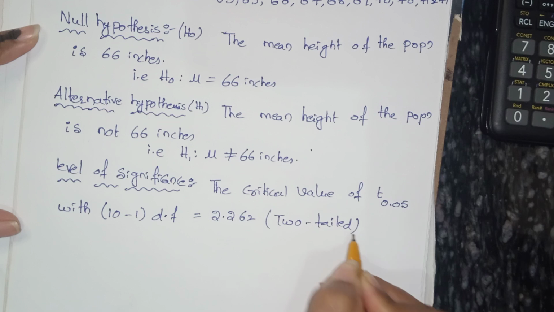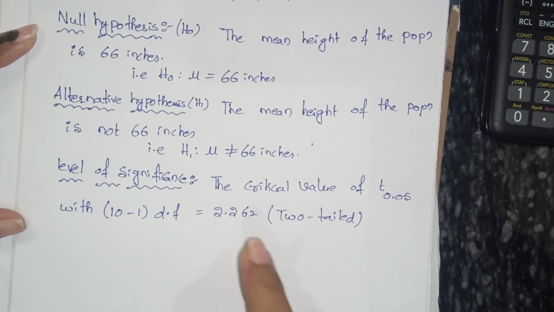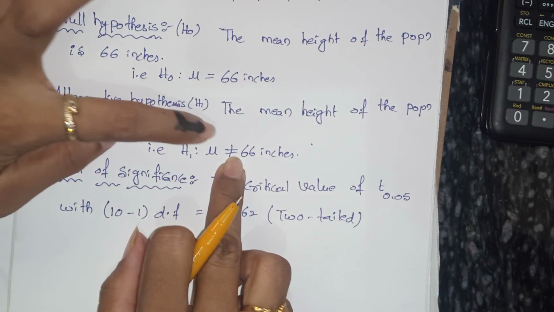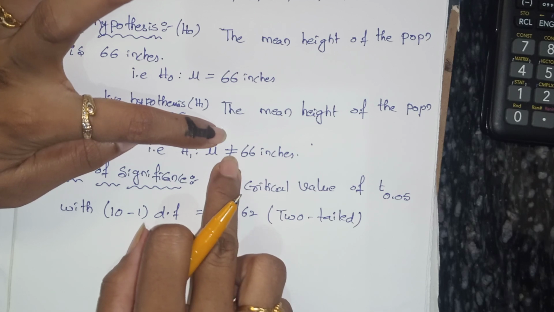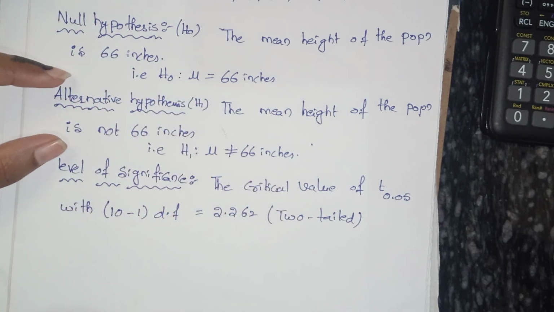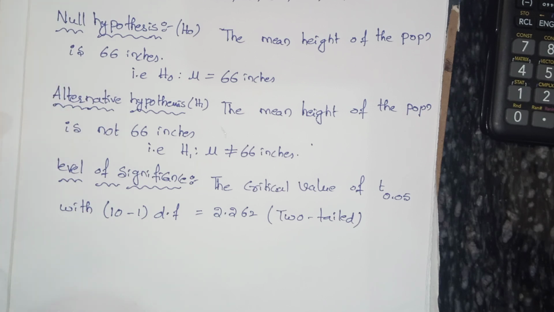How do we know whether it is two tail, one tail, right tail or left tail? If the word not equals to comes in the alternative hypothesis, the alternative hypothesis itself decides which table value we have to use.